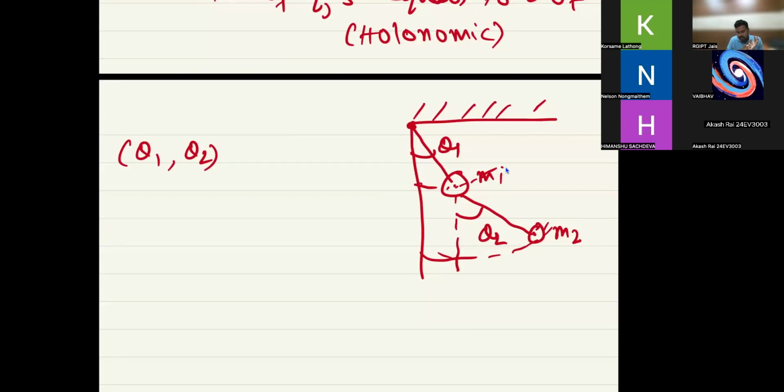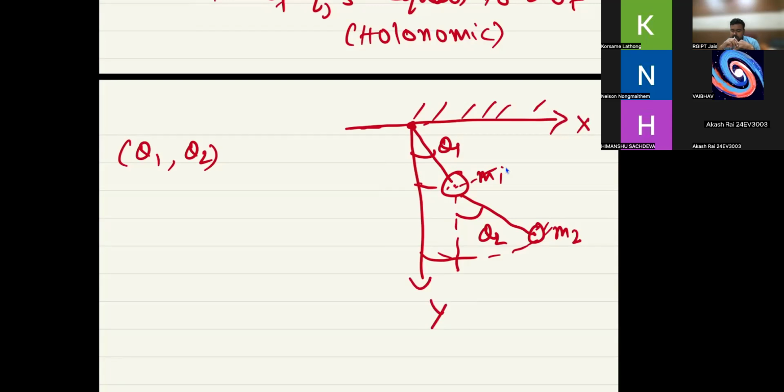So what will be the allowed values of θ1 in this case? Can you tell me?